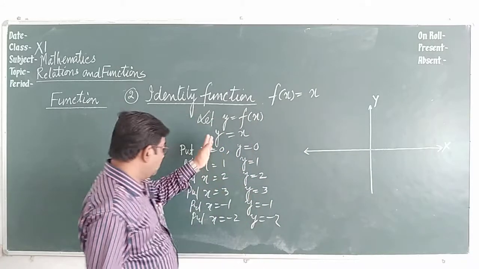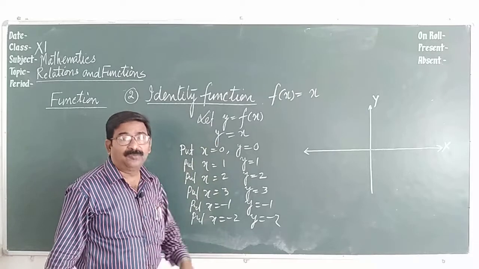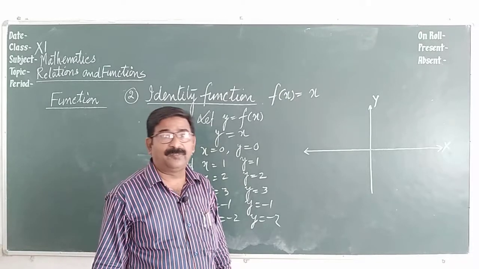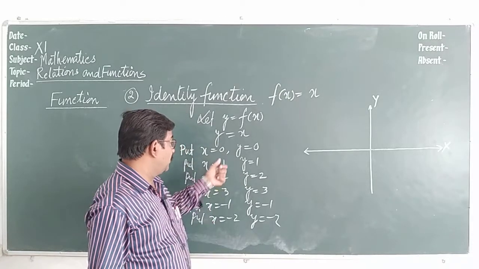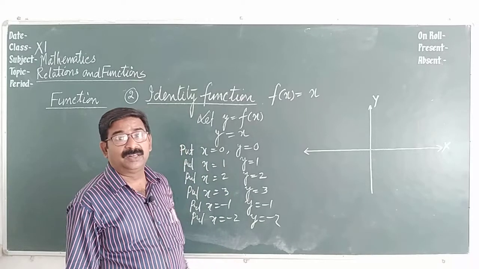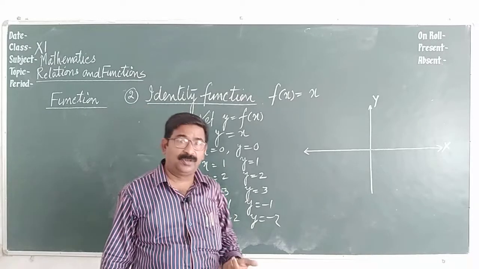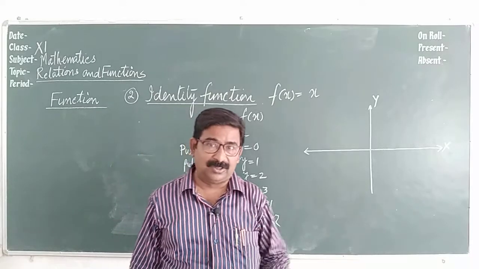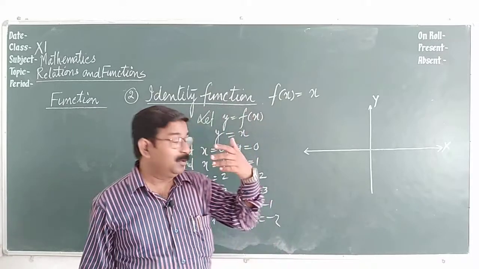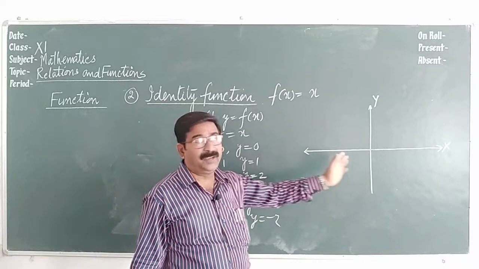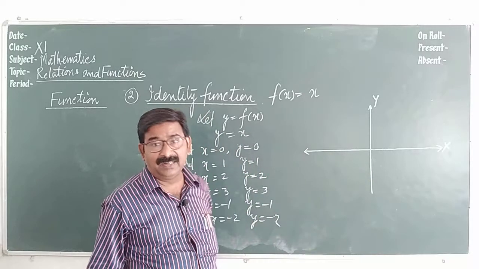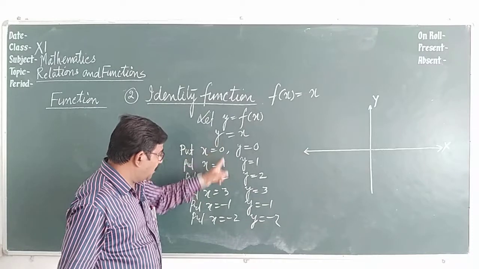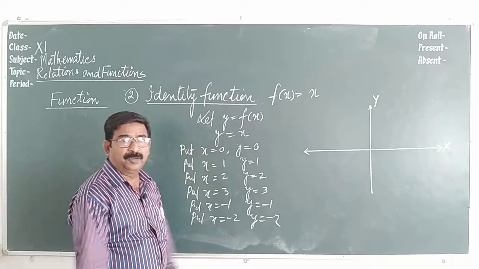So we are choosing any value of x: x = 1 is real, x = 0 real, x = minus 1 real, x = minus 2 real, x = 0.5 real. Every number obtained on the number line is real. So we are able to take all possible real numbers.